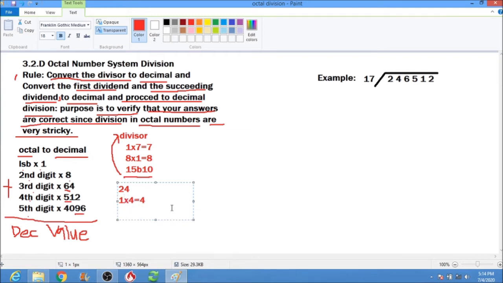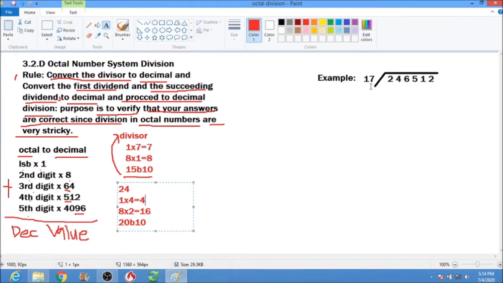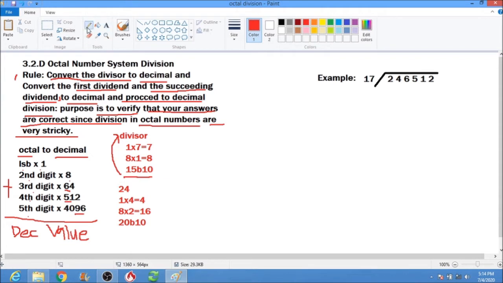The next, 8 times 2, will be 16, and 16 plus 4 is 20 base 10. Meaning 20 divided by 15. 24 divided by 17 is simply 20 divided by 15, and 20 divided by 15 is of course 1.